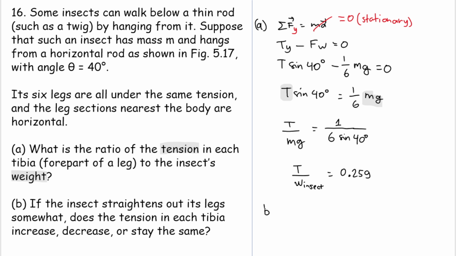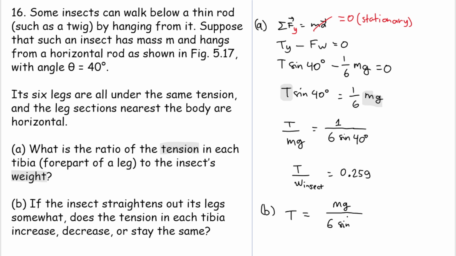And then for question B, if the insect straightens out its legs somewhat, does the tension in each tibia increase, decrease, or stay the same? Okay, we need to see the tension here. So if we isolate the tension from this equation, I will have mg divided by 6 times sine theta, and the angle will change here.